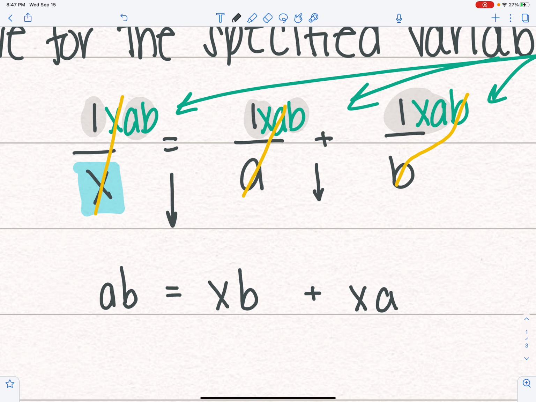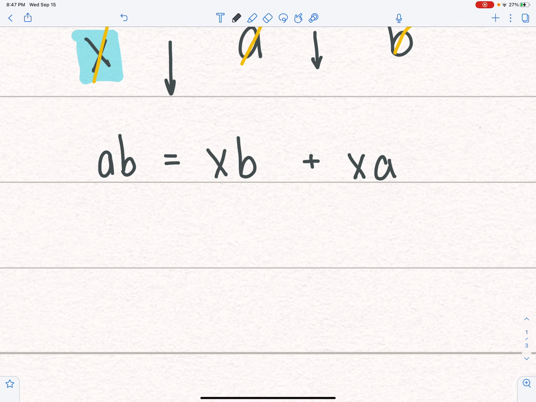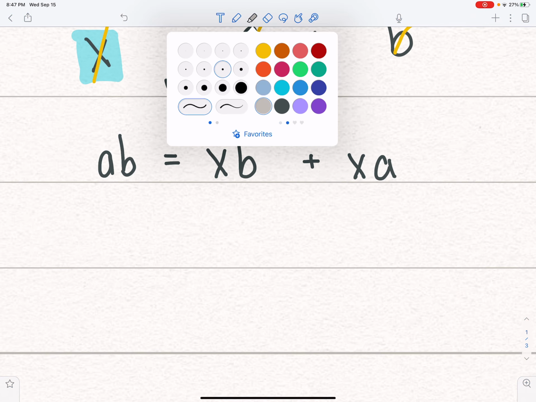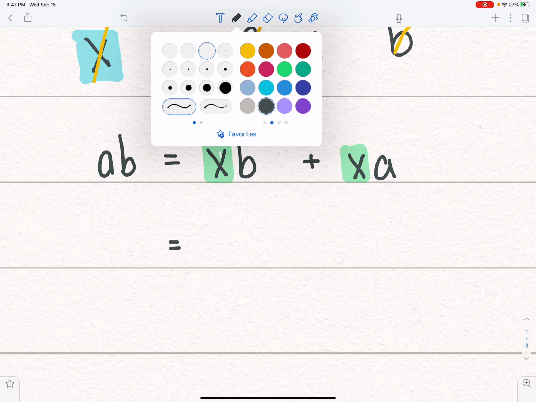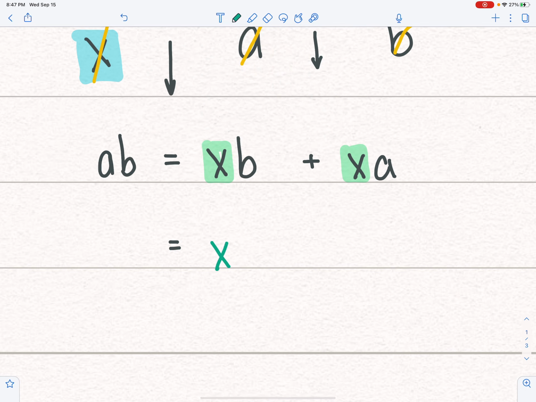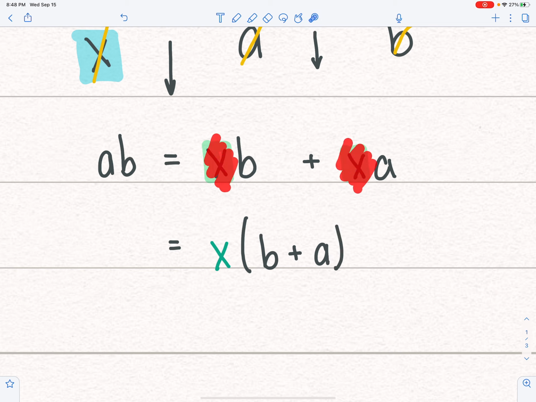All right, so now I've got all the x's on one side. Because both of these terms have an x in common, I'm able to factor out an x from both of these. That x that I highlighted in green, I'm going to bring outside, which means now I'll be left with b plus a, so I'm left with x times b plus a equals ab.